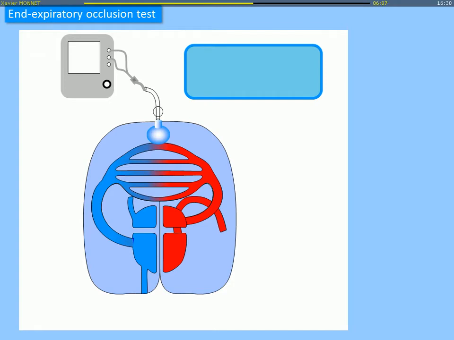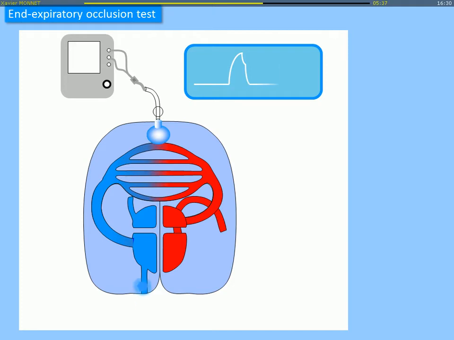The first one is the end-expiratory occlusion test. If you do not know this test, I would suggest you try it because it's very easy to perform. The principle is also very simple. When a patient is under mechanical ventilation, each insufflation tends to impede the venous return, tends to decrease the cardiac preload cyclically.